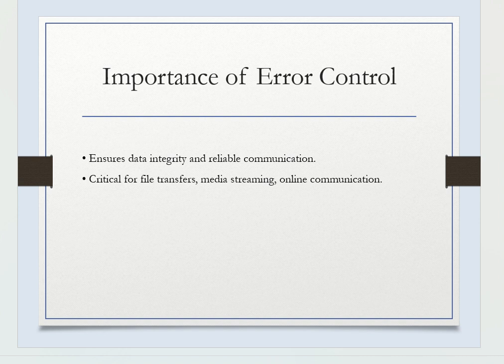Improves reliability: makes communication reliable even over noisy or faulty channels. Reduces retransmissions and supports critical applications. Enhances network performance, minimizing delays and improving overall efficiency by handling errors effectively. Critical for file transmission, media streaming, and online communication.